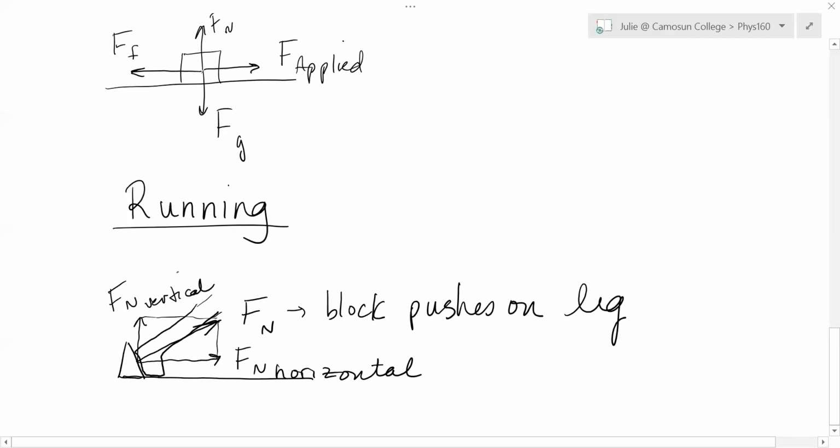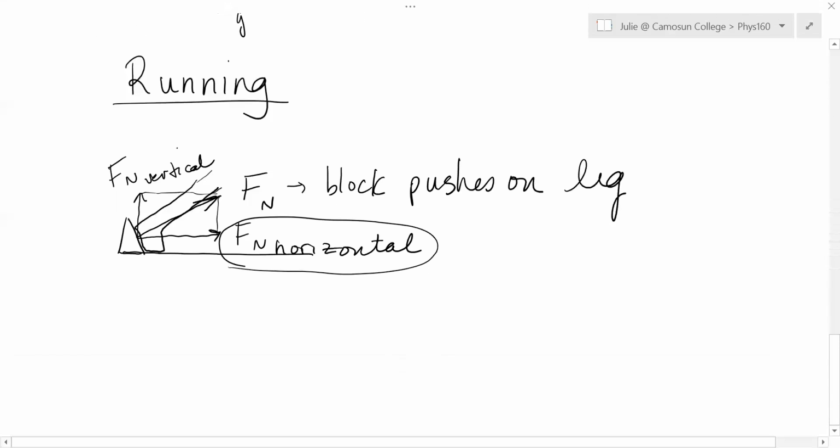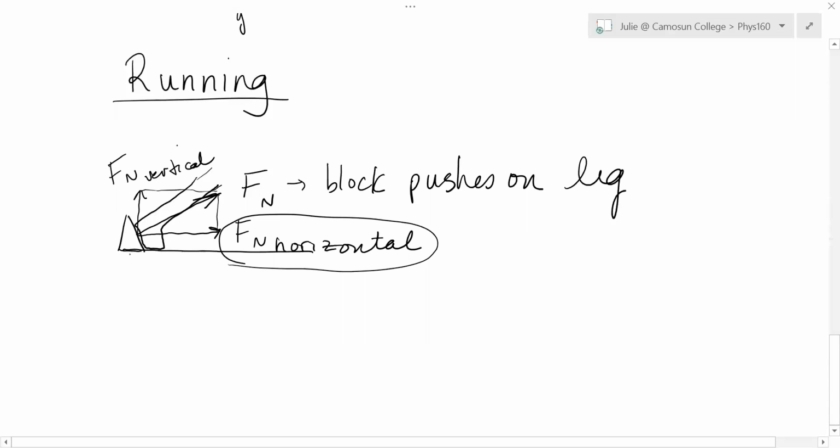The reason this is such an advantage is because you actually have from the block this force moving to the right, which is the direction you want to go. That's going to help you move to the right. So that's how it works with the starting block. There's just one force due to the block, and that can be resolved into these two components.